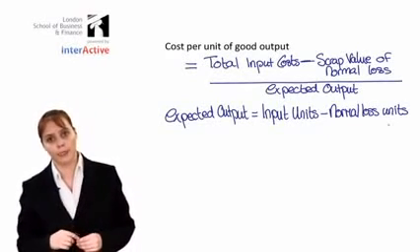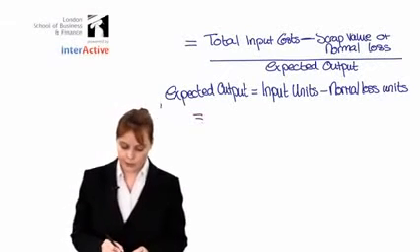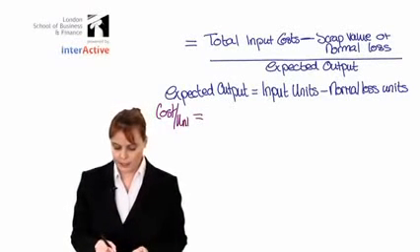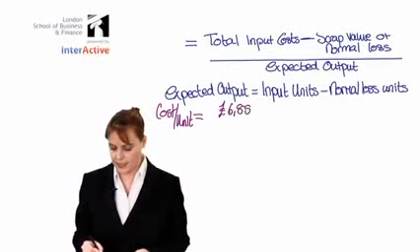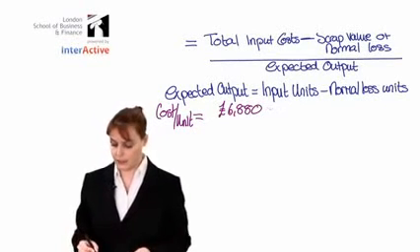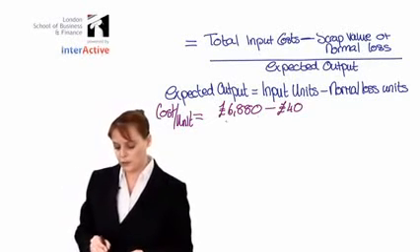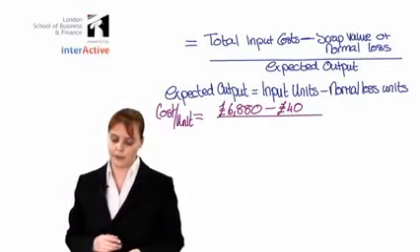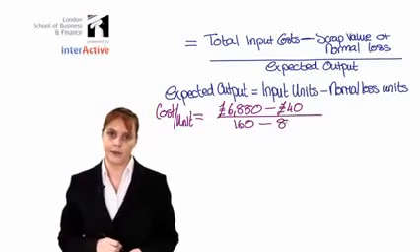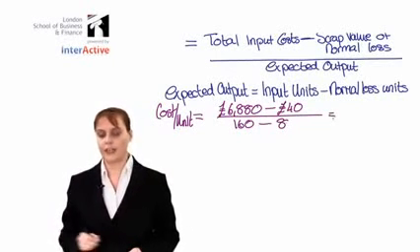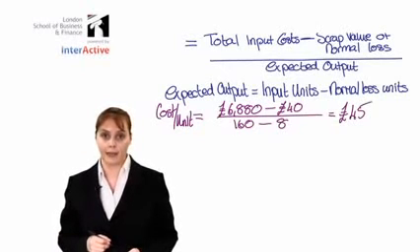If we apply this formula to the exercise we've just looked at, our cost per unit would be equal to our total input costs, which we said were 6,880, minus the scrap value of our normal loss, £40, divided by our expected output. So our input units minus our normal loss units, which would give us a cost per unit of £45.